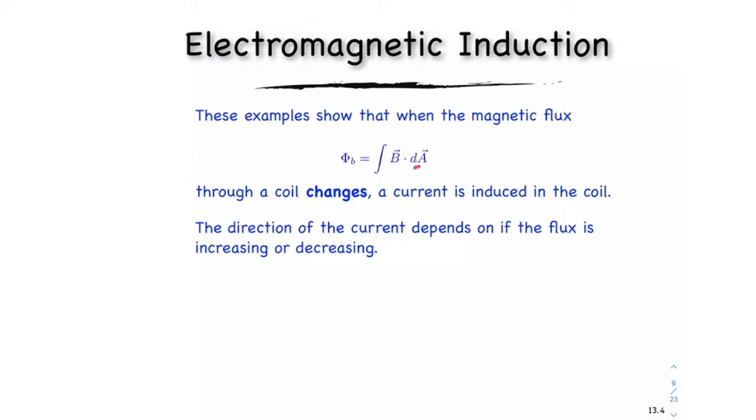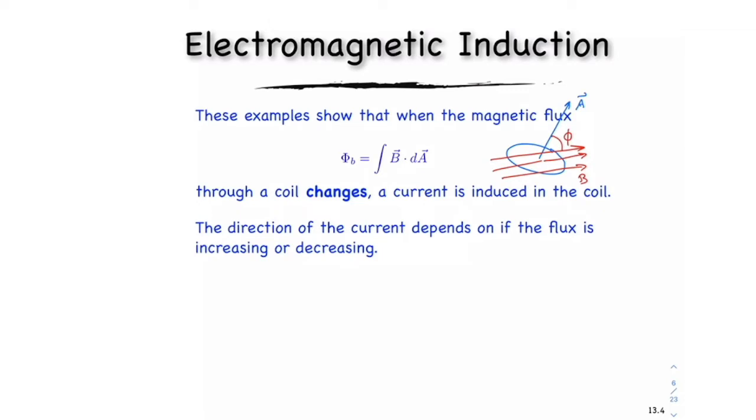And so we define an area vector for a loop. The area vector is perpendicular to that surface, and the dot product B dot dA, if we have a magnetic field like this, there's some angle between them that I'll call phi.